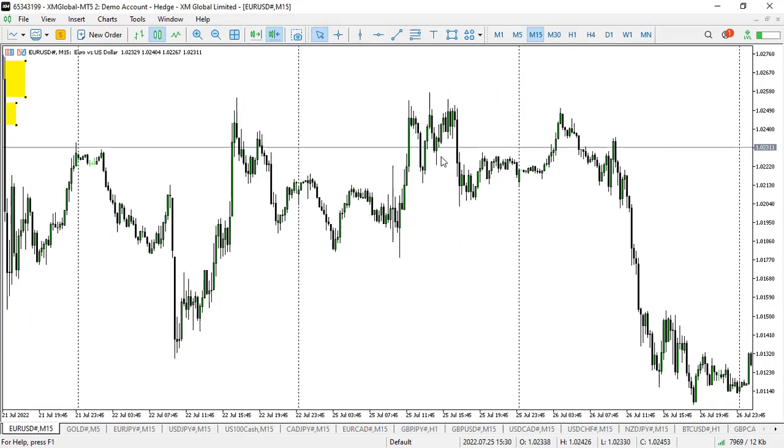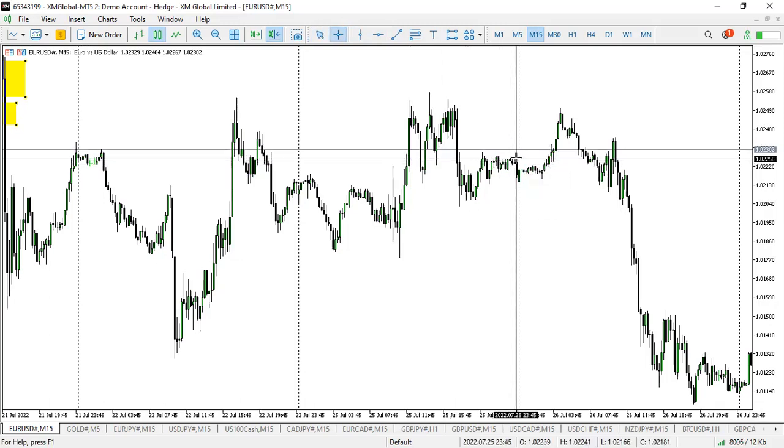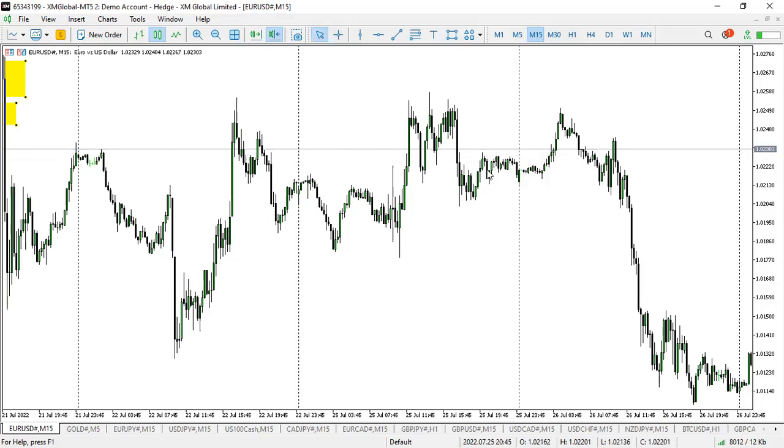Let's see if we can find more. This can also be sort of like a flippy support. Not clear though, not clear. Or it can be the other variation of equal highs, then they spike up into the order block here, and they sell.